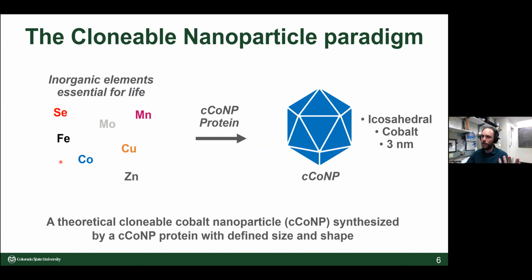I show these inorganic elements, which are essential for life, because many people think of metals in biology and start to think a lot about toxicity. But the reality is there are a number of inorganic elements that are essential for life, and we shouldn't be that scared of them.